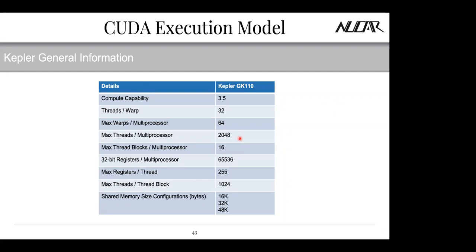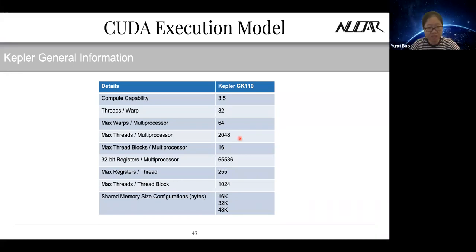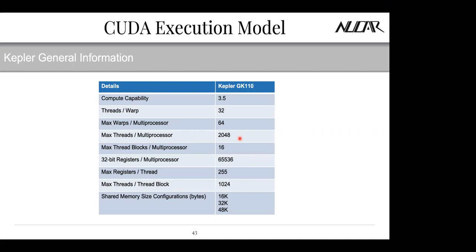Just a quick question. I can have 1024 threads per block, and that's a software limit. And I can have at most 2048 threads per SM. So if I take the maximum number of threads per block, 1024, I can have 2 blocks of size 1024 running on the same SM.